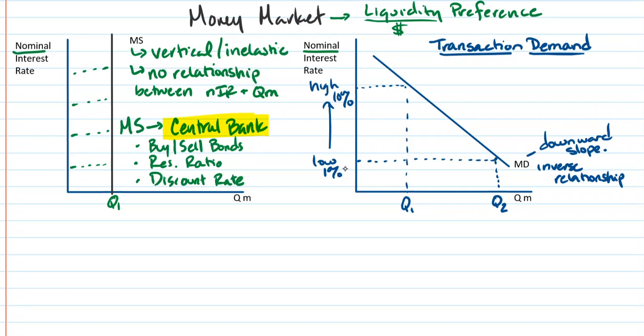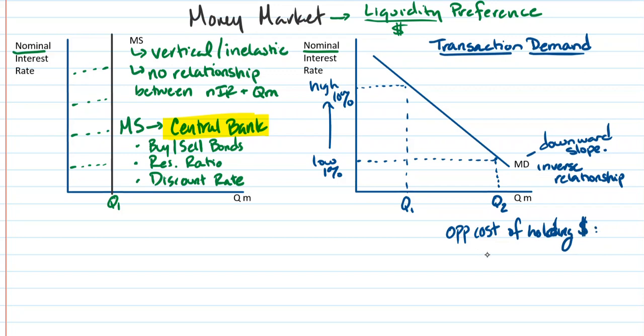So when the interest rate is low, we will hold a lot of money because there's virtually no cost to holding the money as cash in our pocket. However, as the interest rate rises, the opportunity cost of holding a dollar goes up.